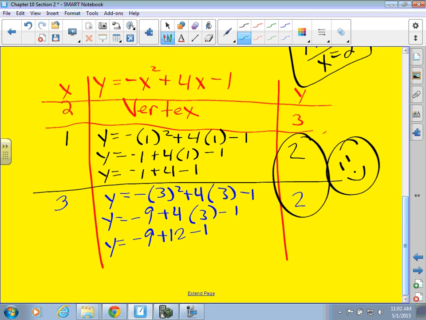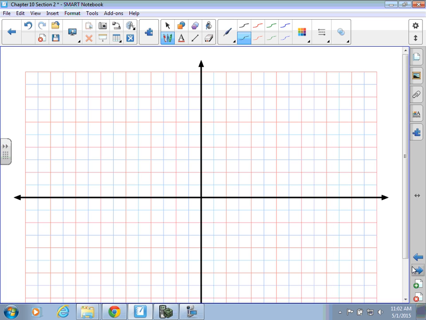My A is negative, yes? So it should open down, yeah. So now what I need to do is I need to label this. Okay, 2, 3. I need to draw in my axis of symmetry. X equals 2. Right?